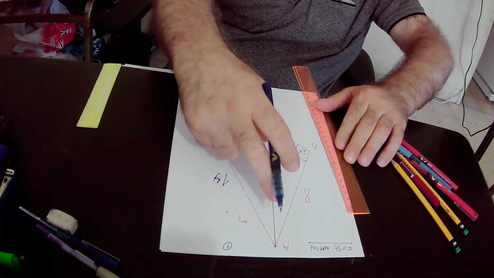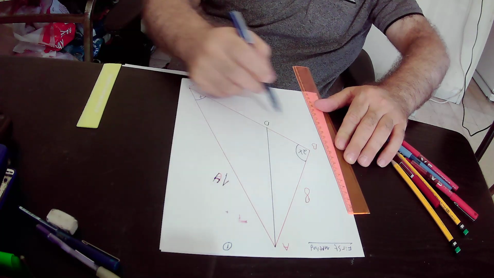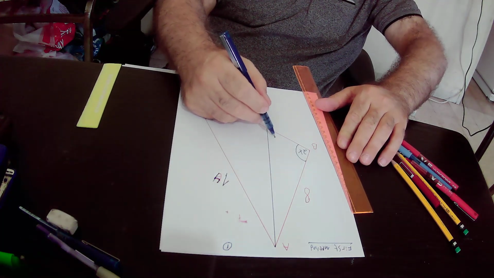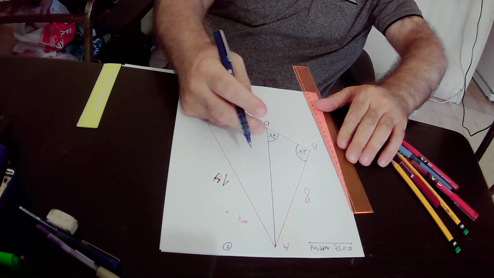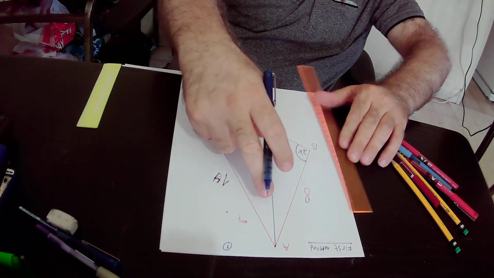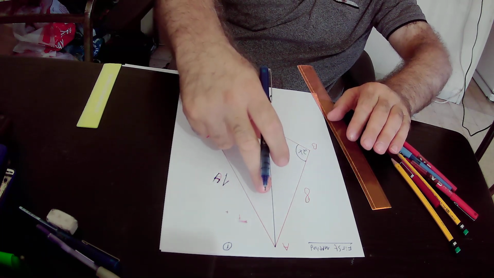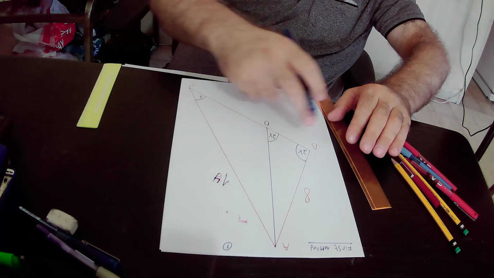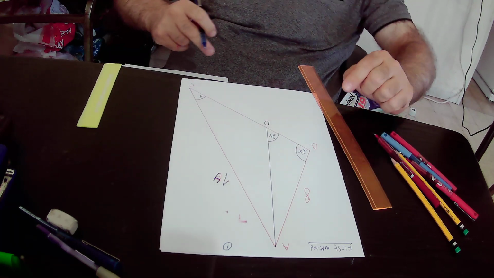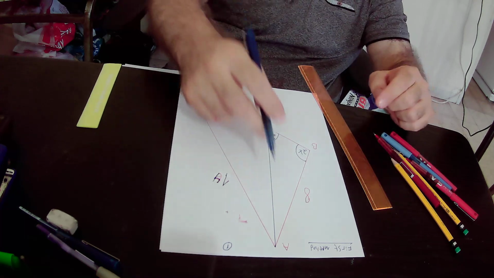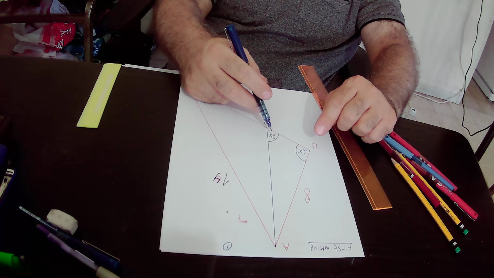We drew line segment AD in such a way that angle ADB will be equal to 2x. So actually, in triangle ABD, we have two angles that are equal to each other.